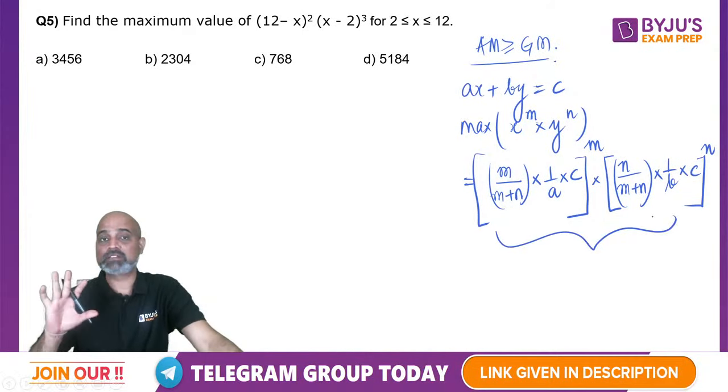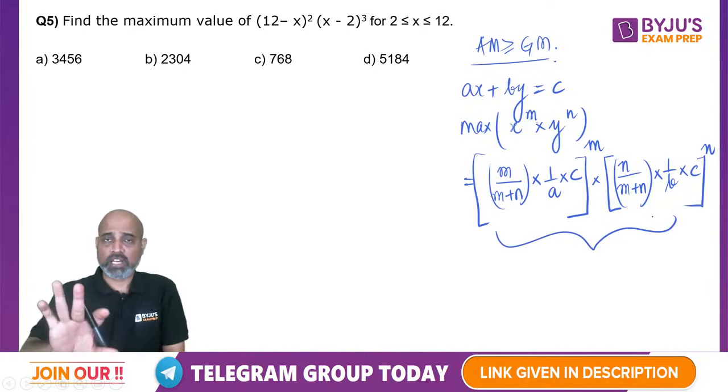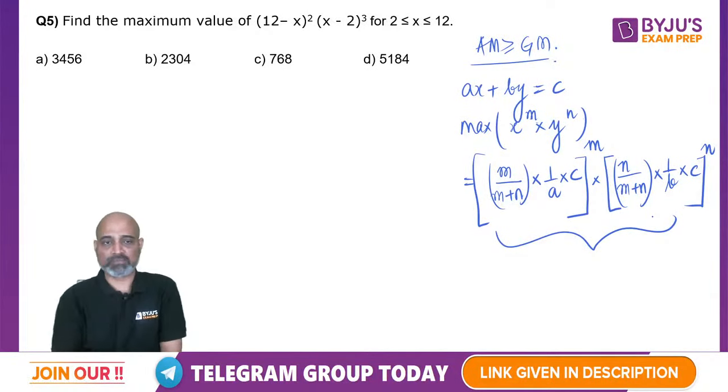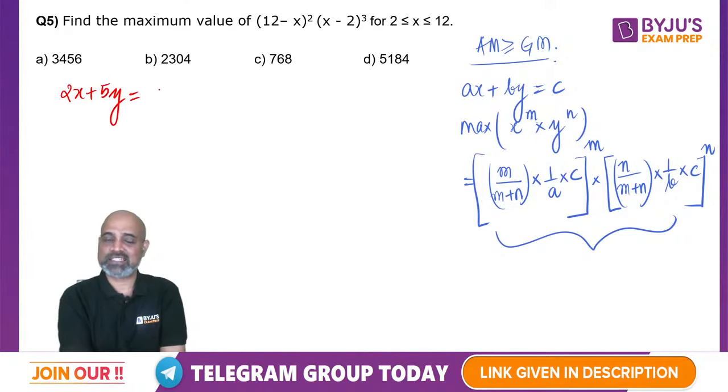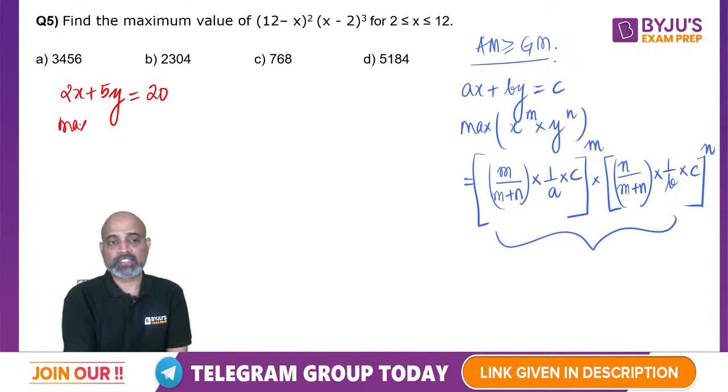So this is the maximum possible value of this. Let me help you with some examples. Suppose you are given 2x plus 5y is equal to, let's say, 20, and you are asked to find the maximum possible value of x y cube.